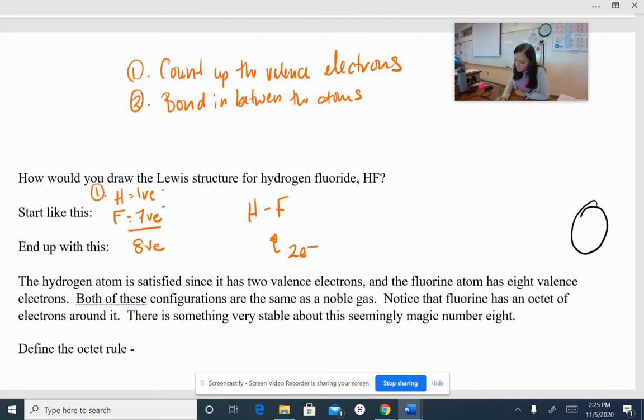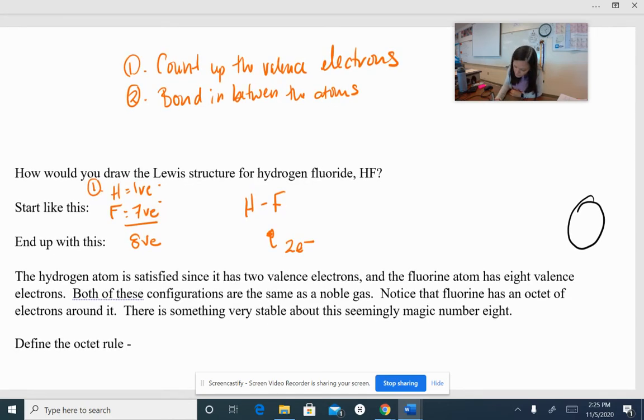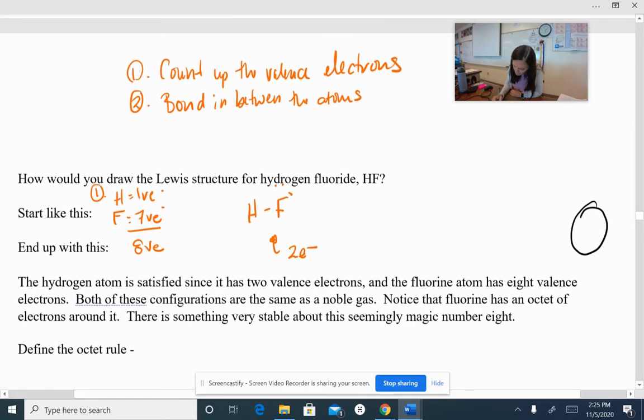So if I've already used 2 electrons, that means I have 6 more to place. Now hydrogen can only take 2 electrons because it only has a 1s orbital. So those 2 electrons in this bond are already filling up hydrogen. So the 6 other electrons that we have yet to place are going to go around fluorine. That will give us the 6 electrons around fluorine.